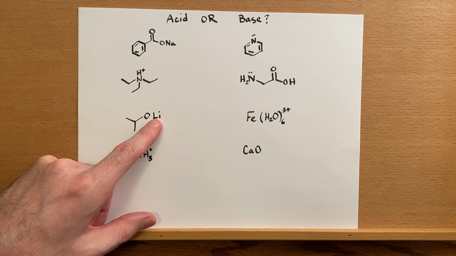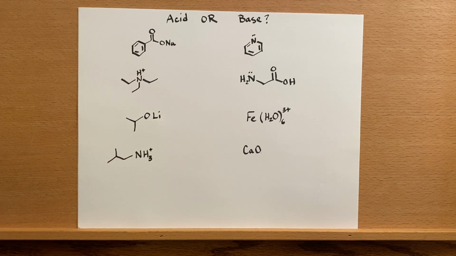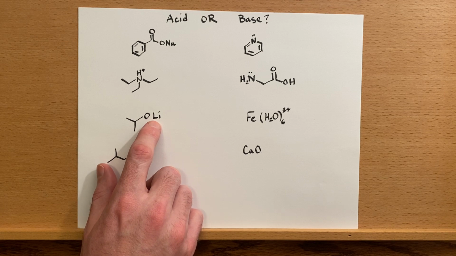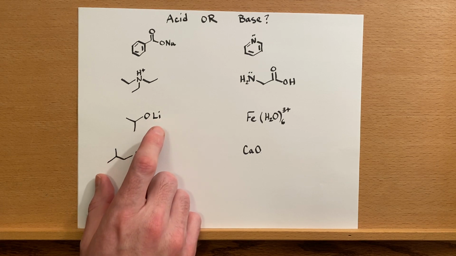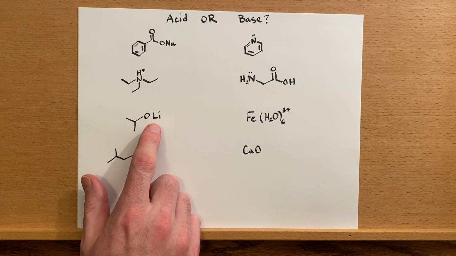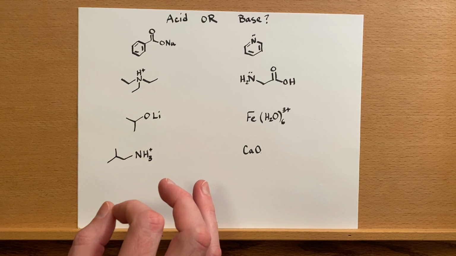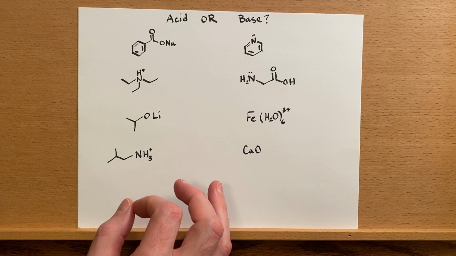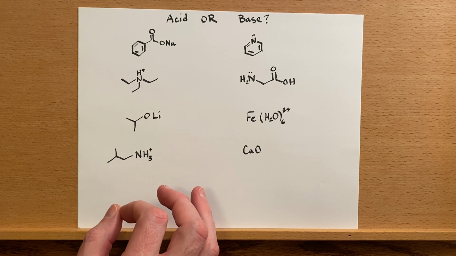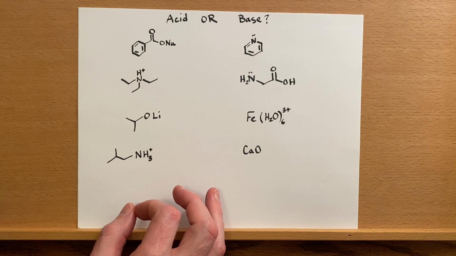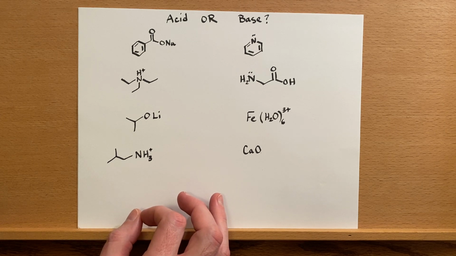Now, remember when I said that wasn't a very good acid when the H was there, when it was an alcohol? Well, if we take a hydrogen away from something that didn't originally want to give up a hydrogen, it's going to want it back badly.